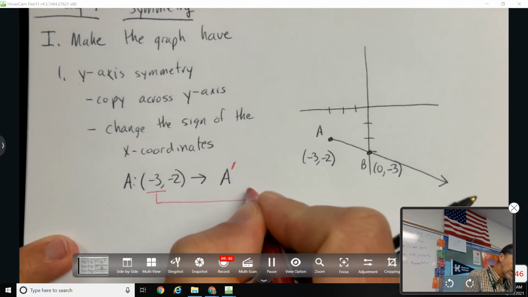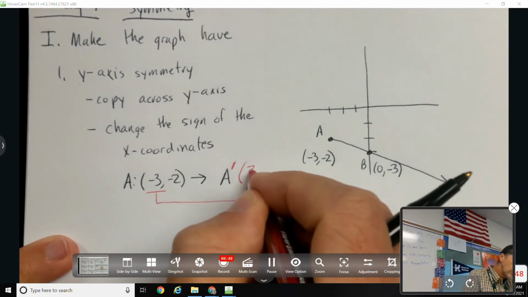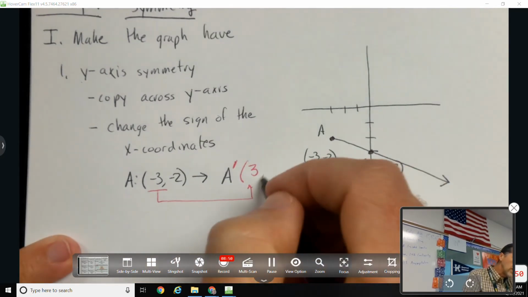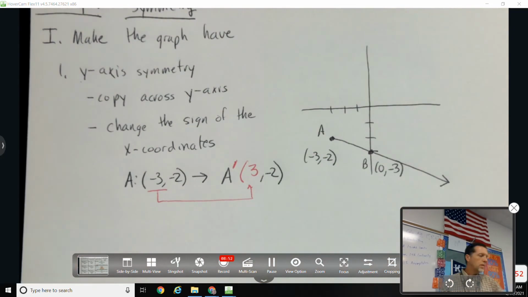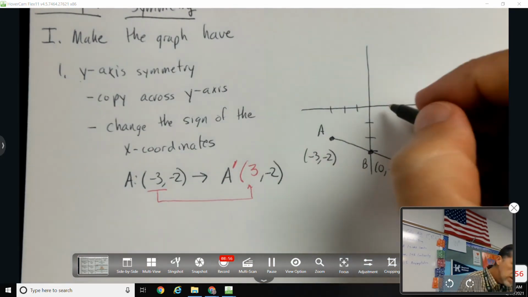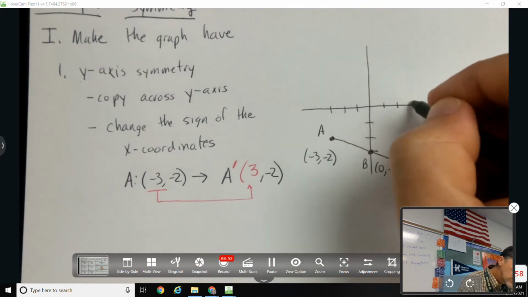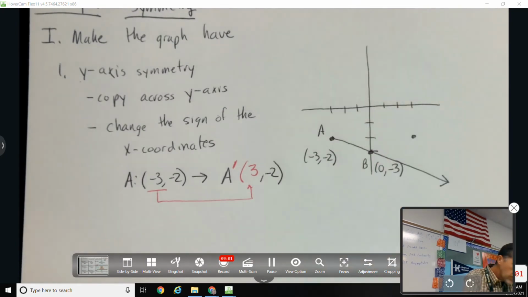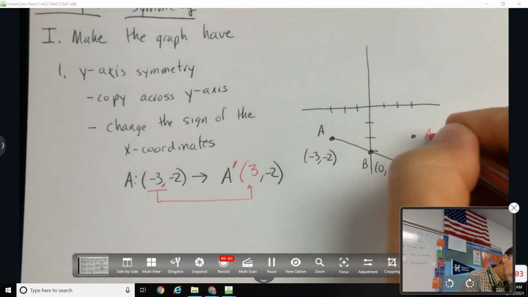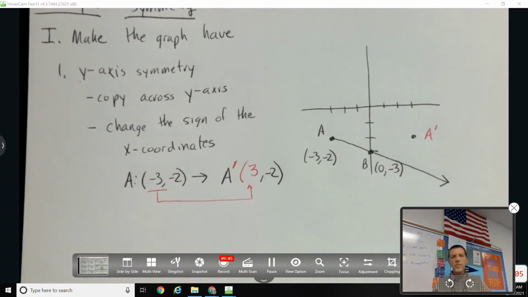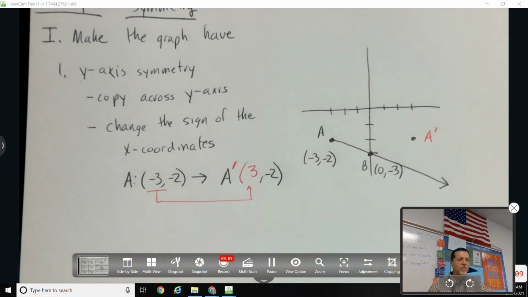So I'm going to take -3, change it to a +3, leave the y coordinate alone, so 1, 2, 3, -2. There's A prime. Okay, well visually I can see, yeah, that A got reflected over there.